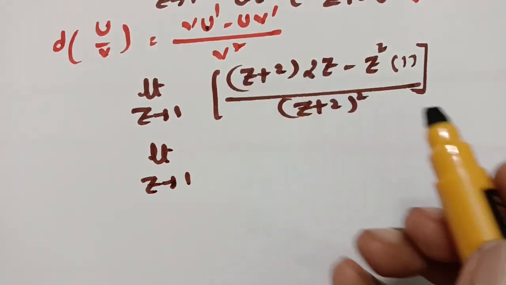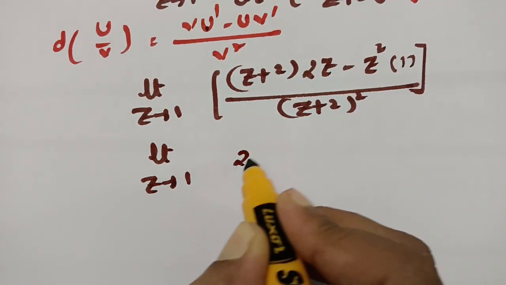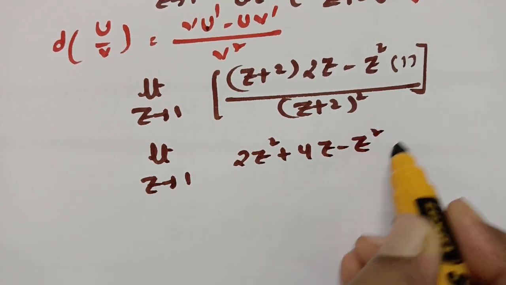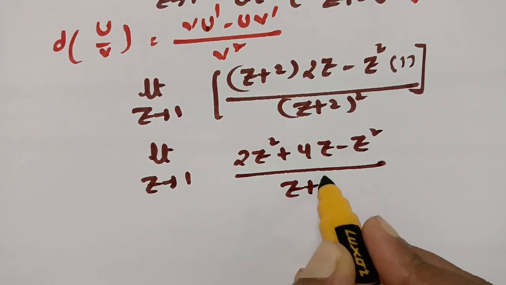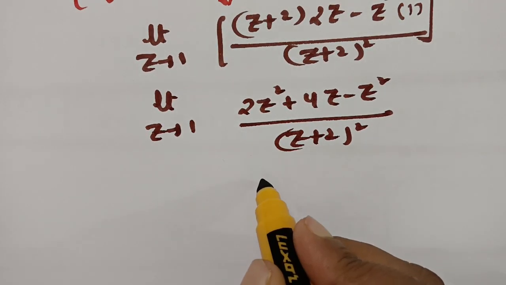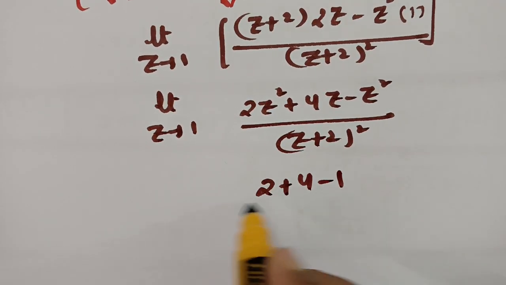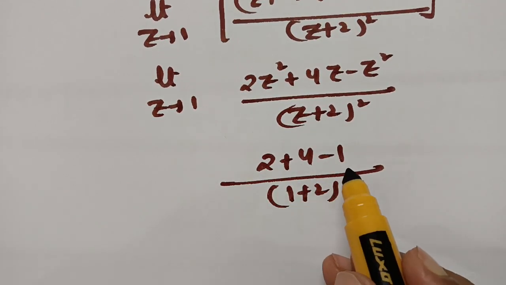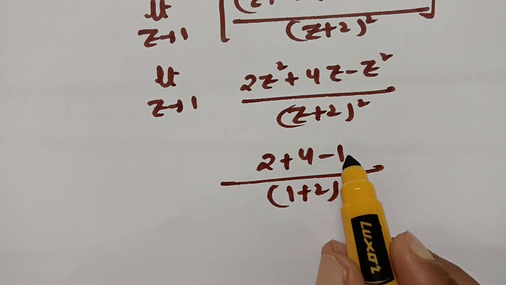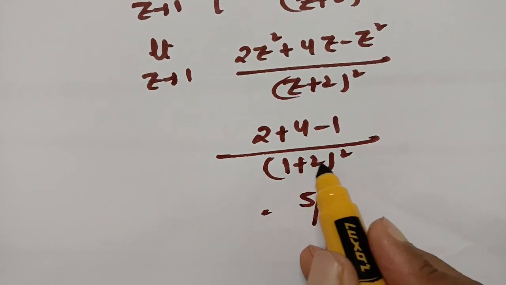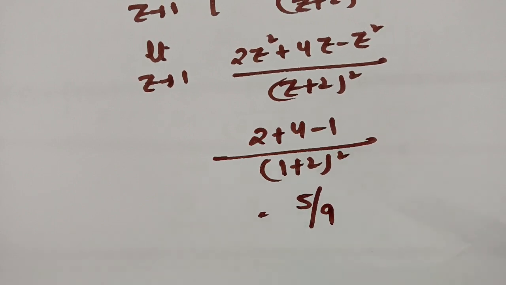So this will be 2z squared plus 4z minus z squared, by (z plus 2) whole squared. If I keep z is equal to 1 here, this will be 2 plus 4 minus 1 by (1 plus 2) squared. So this will be 6 minus 1, the value is 5, by 3 squared, which is 9.